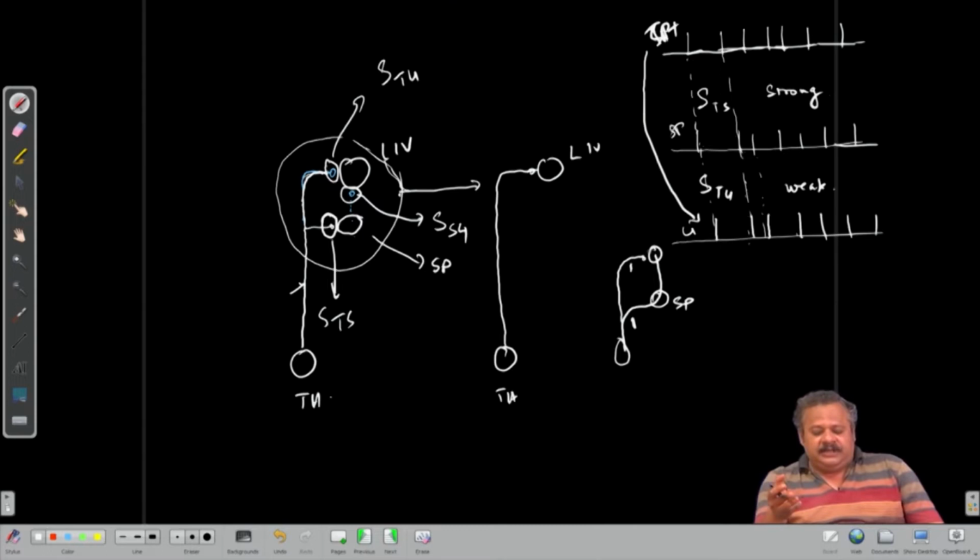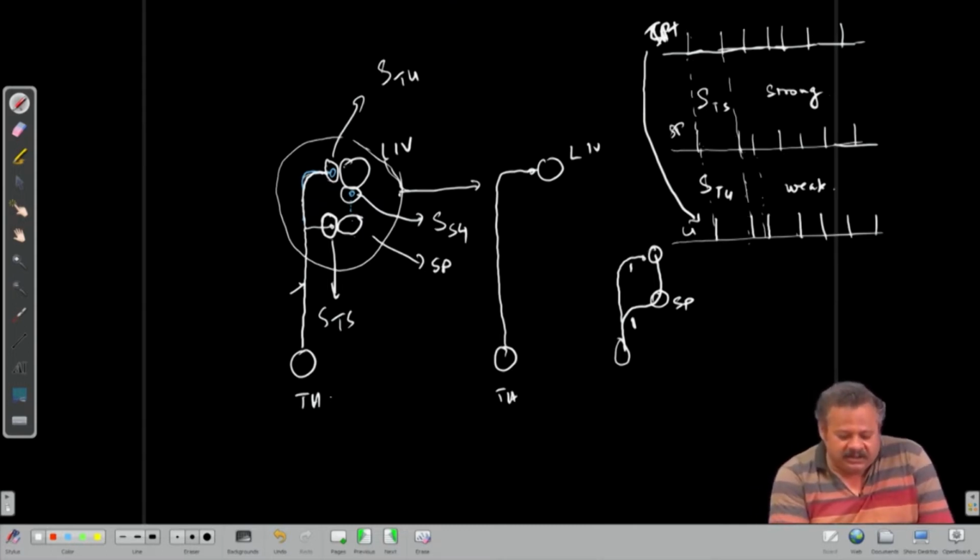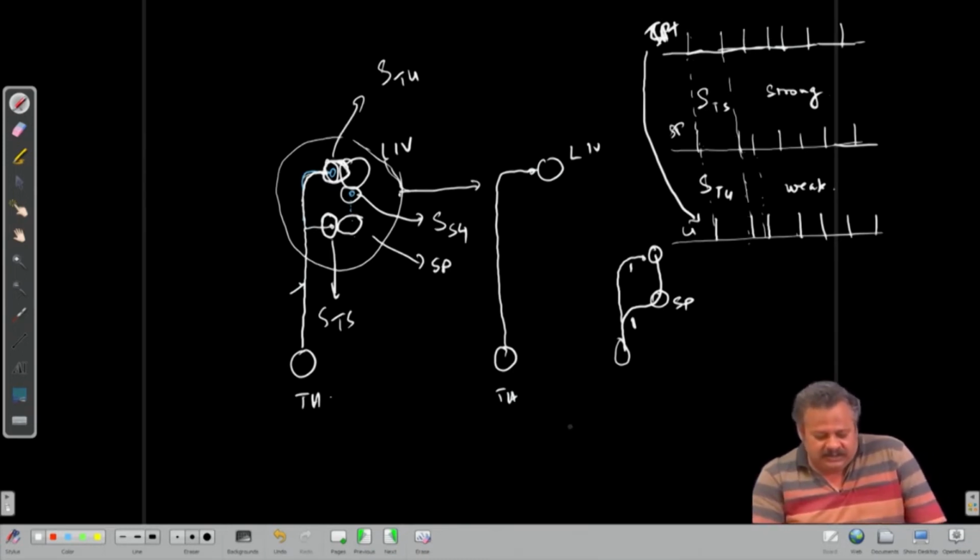But if you now see the thalamic spike, let us consider this particular synapse that is extremely weak, that is our thalamus to layer 4 synapse.